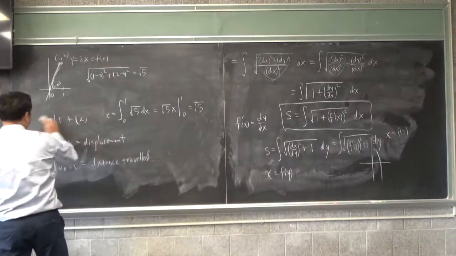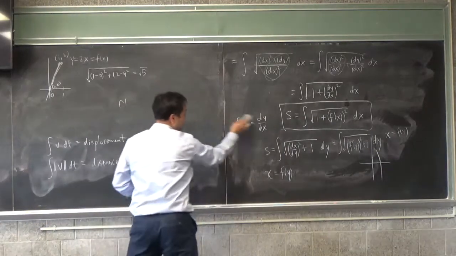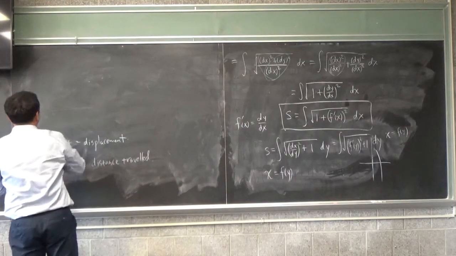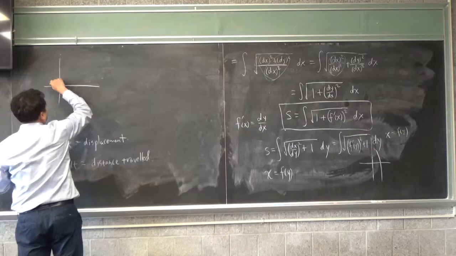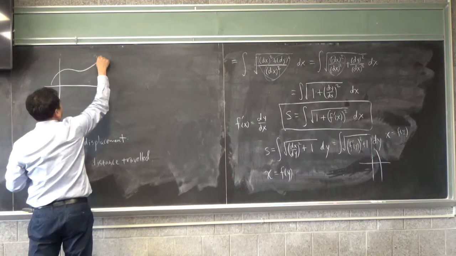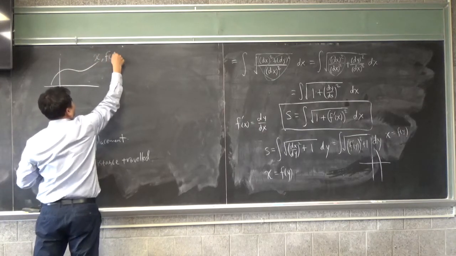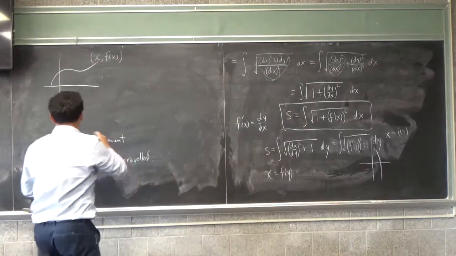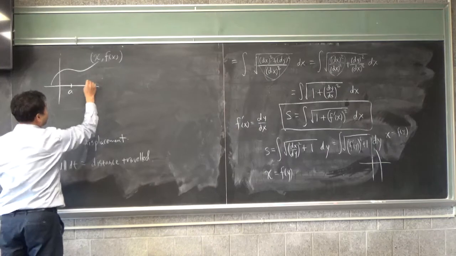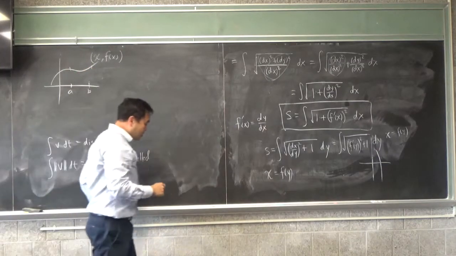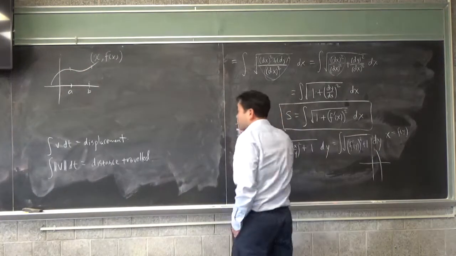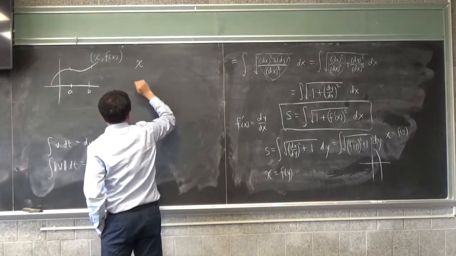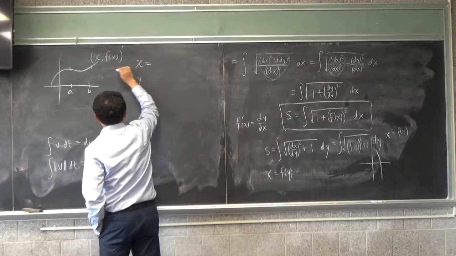How does this prove the same formula? Well, imagine that you have (x, f of x), from A to B. And imagine that there's a moving particle here whose x and y coordinates are given by these functions.